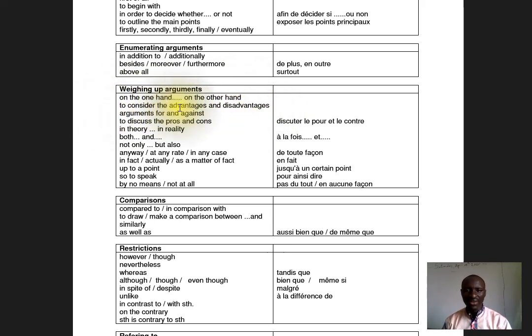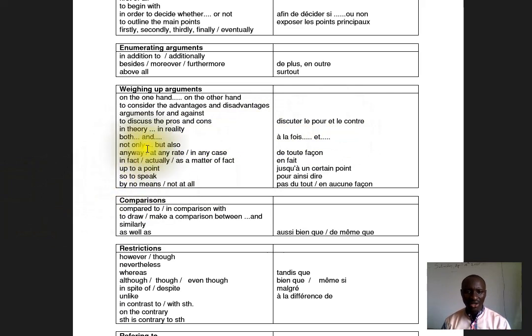To consider the advantages and disadvantages, arguments for or against, to discuss the pros and cons. You are discussing something. To discuss the pros and the cons, discuter le pour et le contre in French. In theory, in reality. Both and, à la fois et.